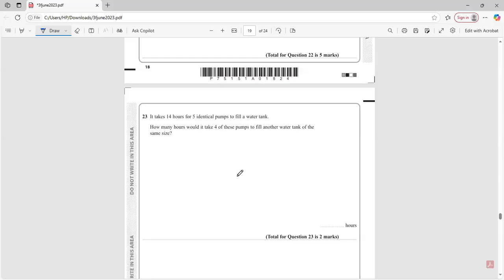So if we apply that same concept in this case, it's going to take those four pumps a longer time. So this is how I'll go about it. Do you have a method that you use to solve questions like this?